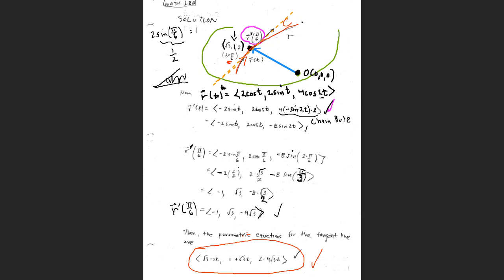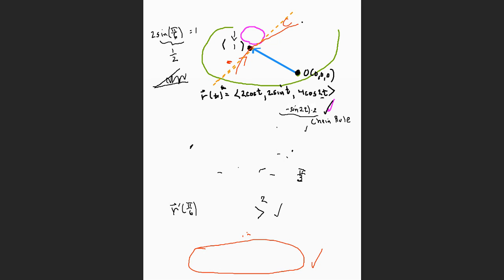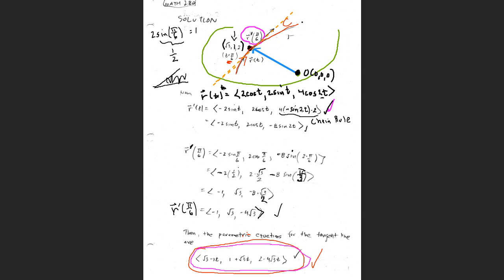So, all right, we have these parametric equations of the tangent line, but of course it would be nice if we could verify those parametric equations. Could we graphically do a check, an illustration? The answer is yes.